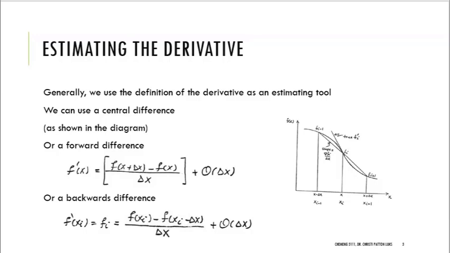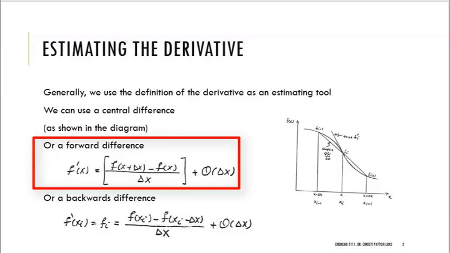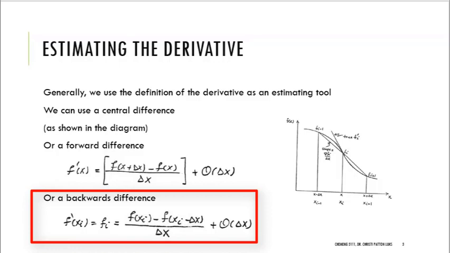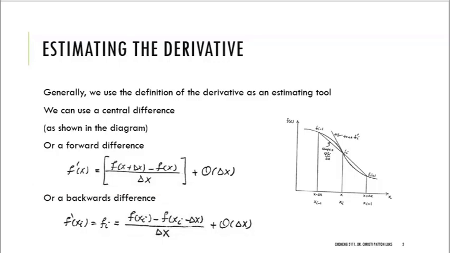That gets you a central difference. But we can also use a forward difference or a backward difference. A forward difference looks at the point x and the point x plus delta x. A backward difference looks at the point x and the point x minus delta x. So the difference, forward or backward, is based on the location of x.